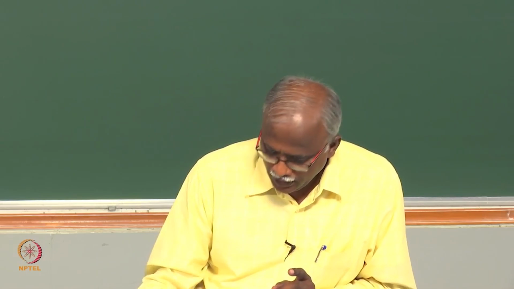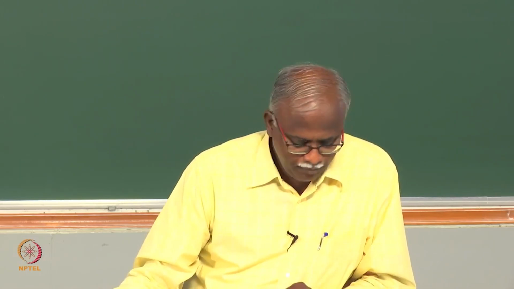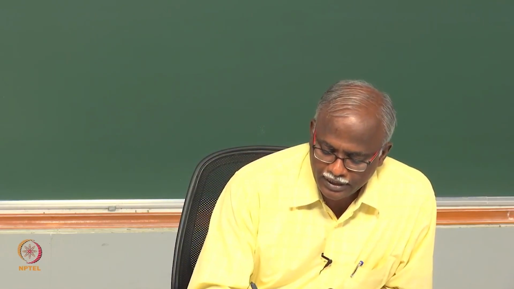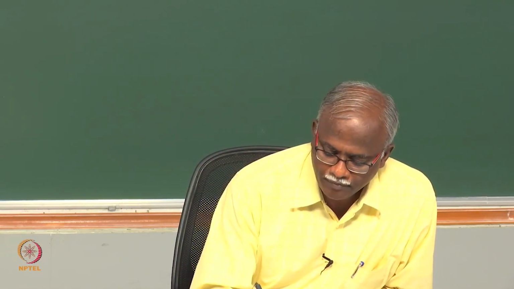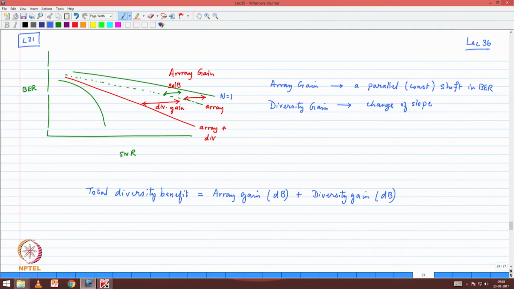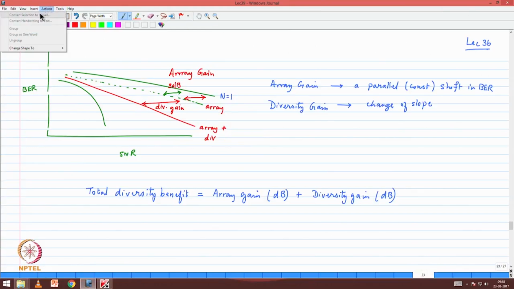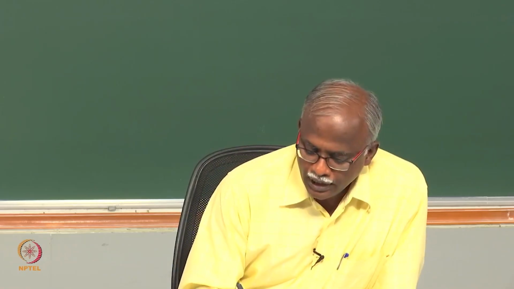Okay. In the last few lectures we entered the domain of diversity by looking at the benefits of diversity. Maybe we'll just summarize before we get to this graph the different forms.